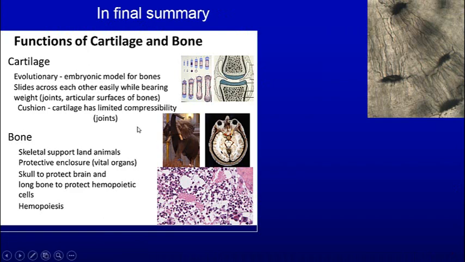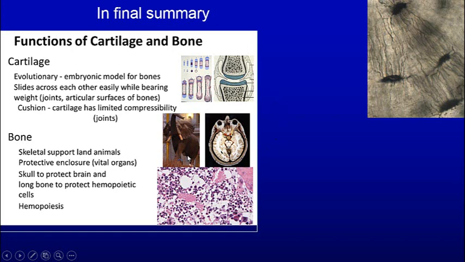So in final summary, cartilage was in the embryo. Cartilage slides over surfaces. It holds weight. It's slippery and slimy, so that the bones won't touch one another, and it's compressible. Bone provides for our enclosures.